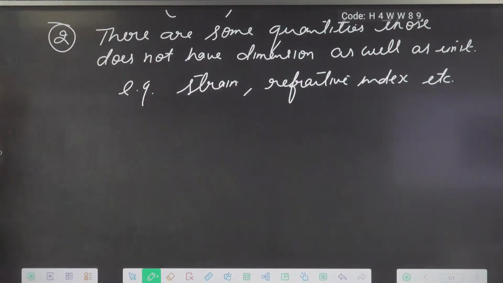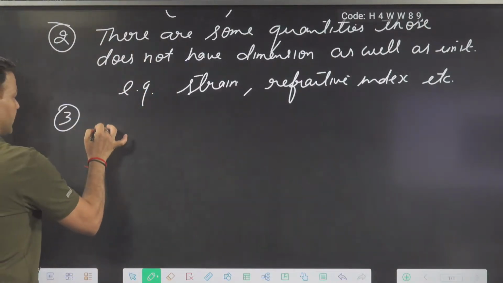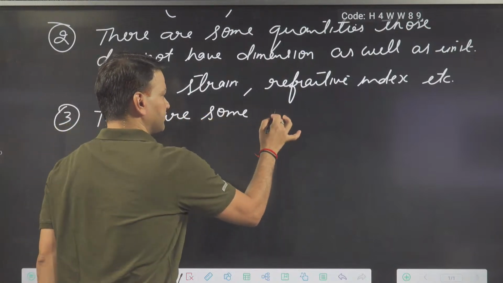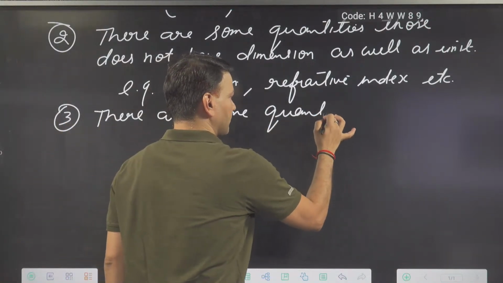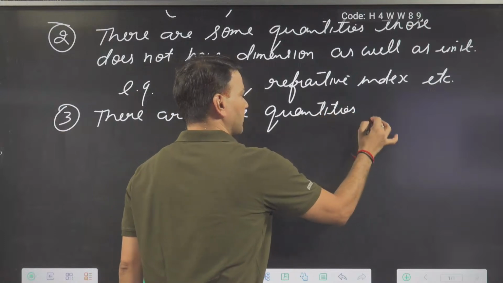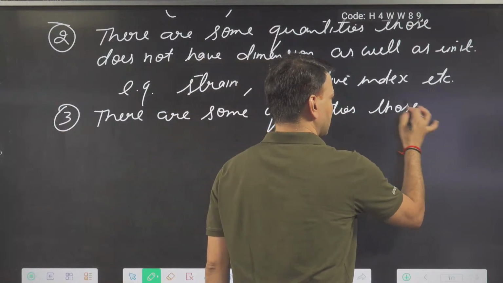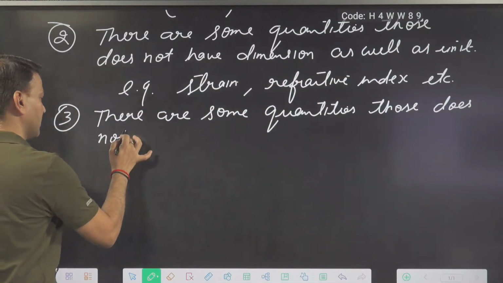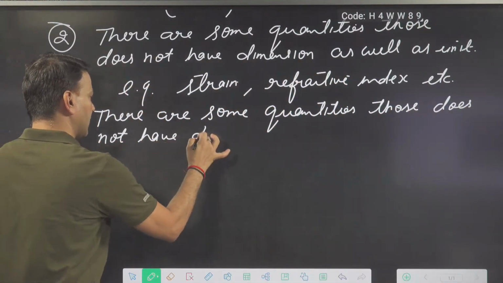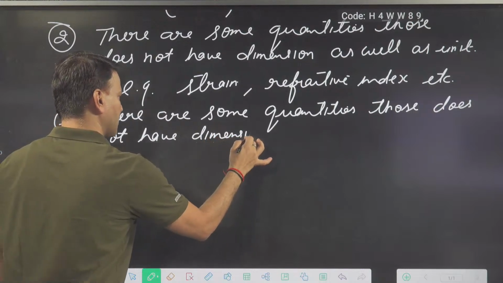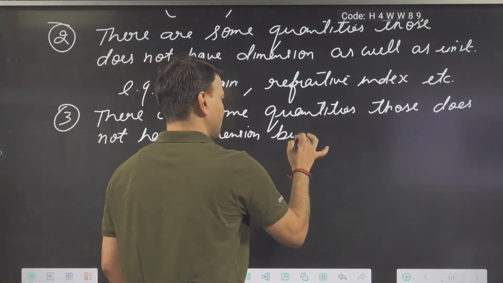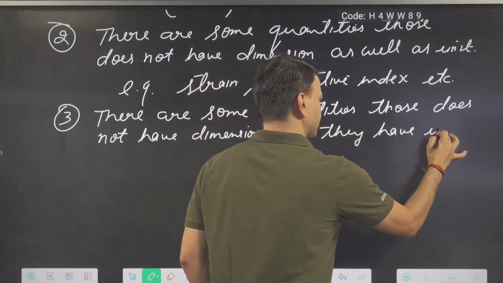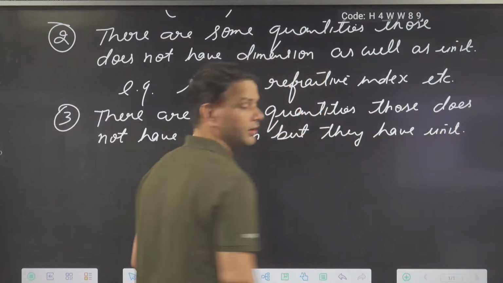Okay, so next one is what? There are some quantities that do not have dimension but they have unit.